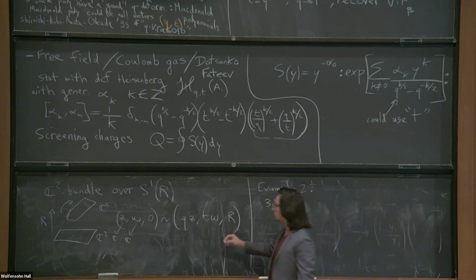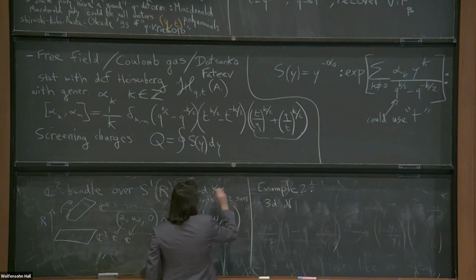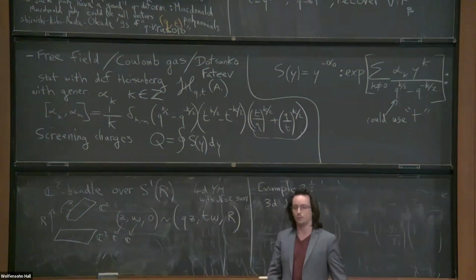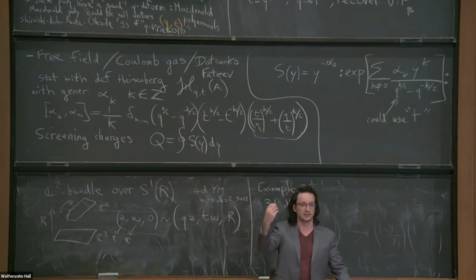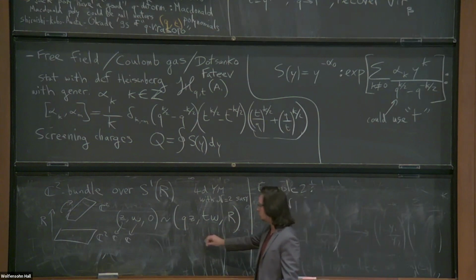The second ingredient that's important is it's not just 4D Yang-Mills, it's 4D Yang-Mills with N equal 2 supersymmetry. So that's also important in the construction. Now I can perform localization with respect to the equivariant parameters Q and T and all the fugacities that I have in the problem. But before I go to example 2, maybe let's just finish here.